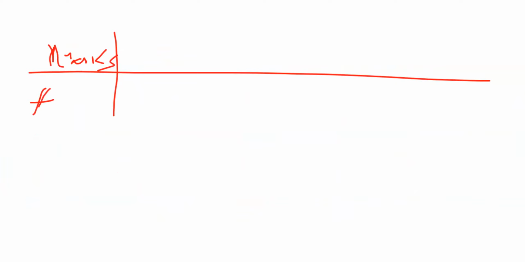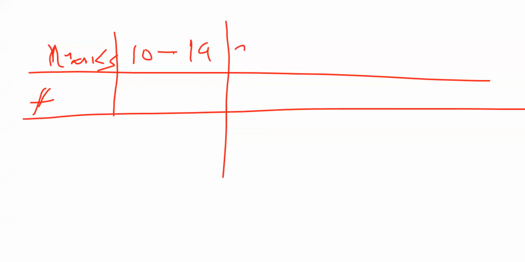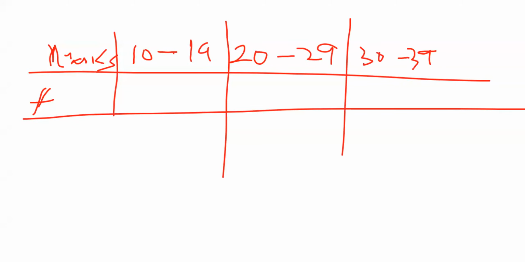Because it's a group, the first group is 10 to 19, and the frequency is 1.